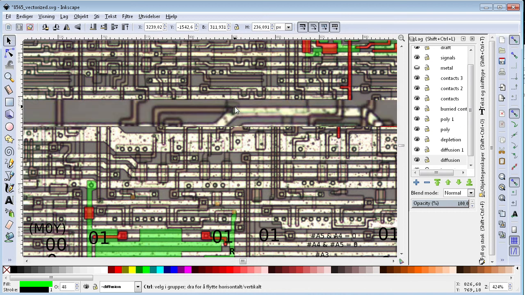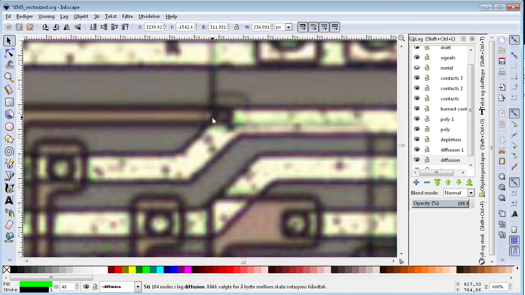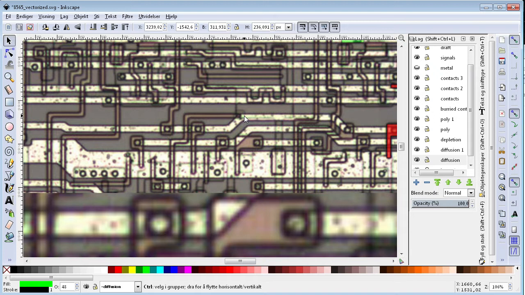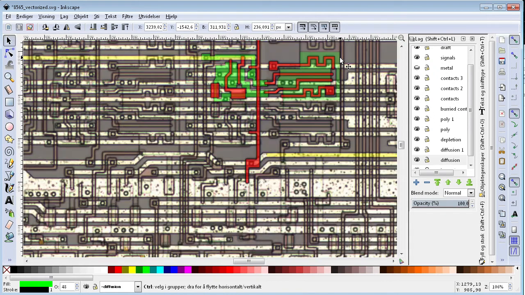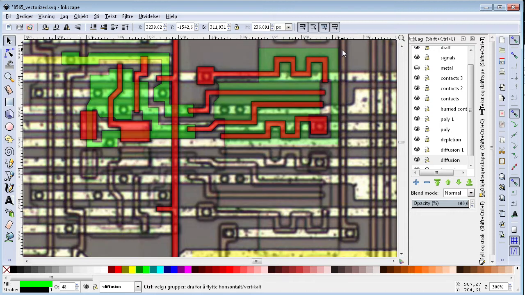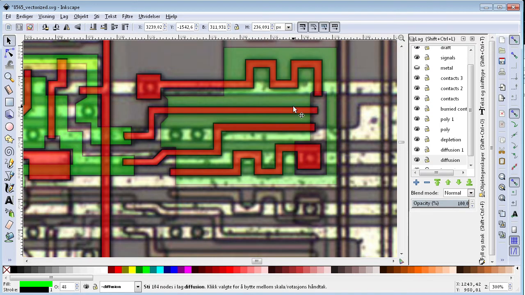Anyway, if you look closer, you can see there's a buried contact. Sometimes you can't see them because of the metal, but you can anticipate them, because if you look here, you see that there's an opening, so there's no contact.